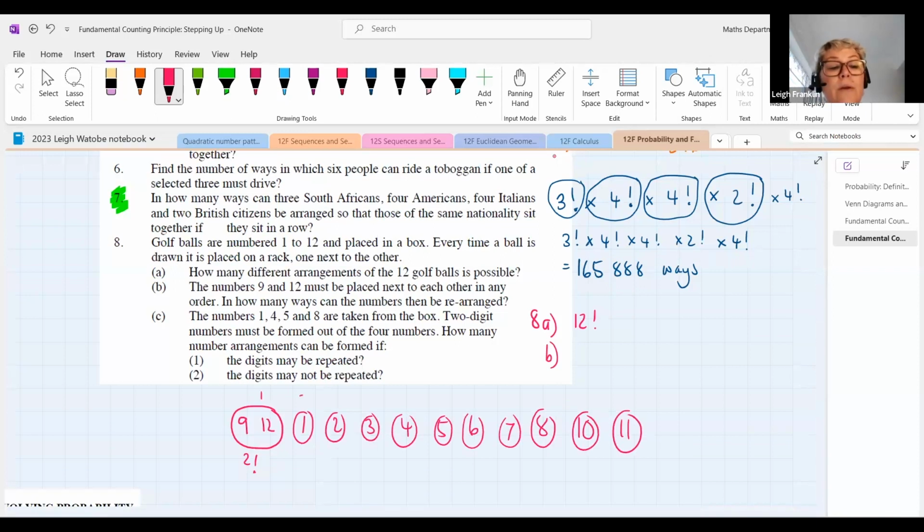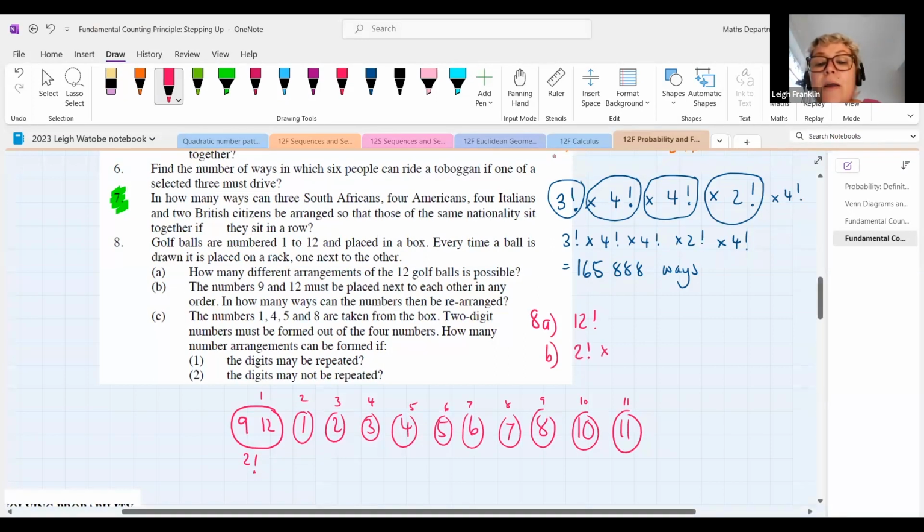You've got 1, 2, 3, 4, 5, 6, 7, 8, 9, 10, 11, essentially 11 groups. Let's see what you guys are saying. Yes, 11 groups. So Nhlanhla says 2 factorial by 11 factorial. Indeed, 2 factorial by 11 factorial.